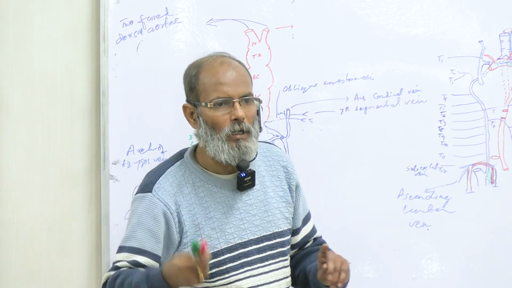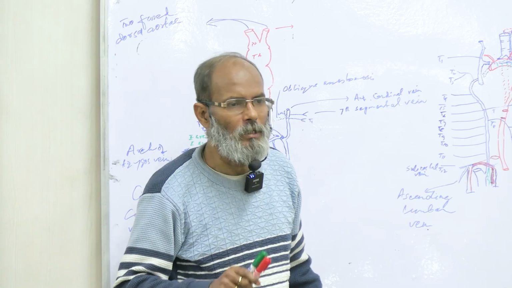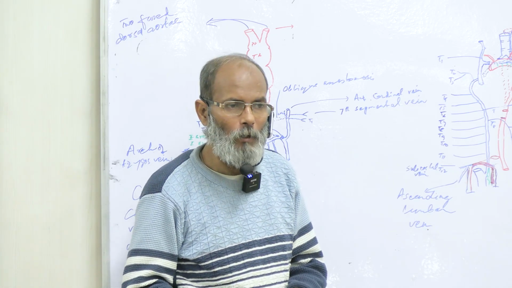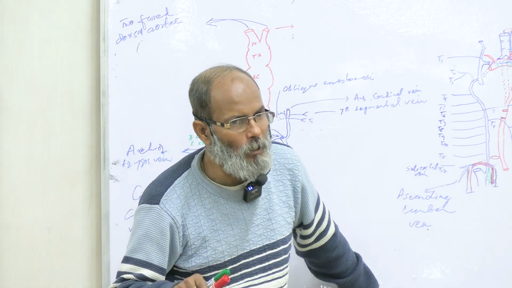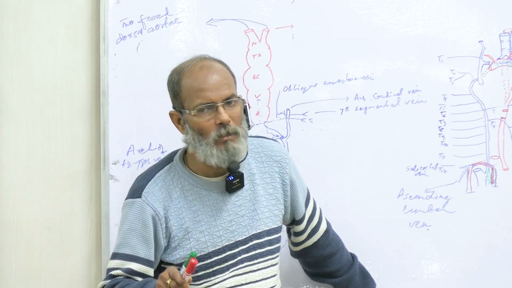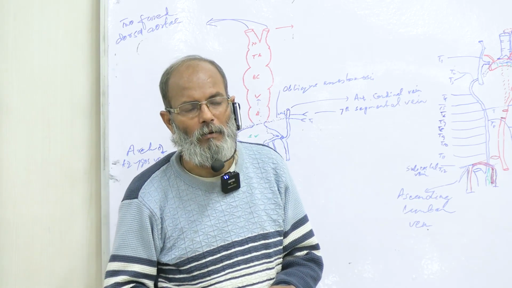Number one, it is in the posterior mediastinum. All right, even below the level of the thoracic duct as well as the sympathetic chain.